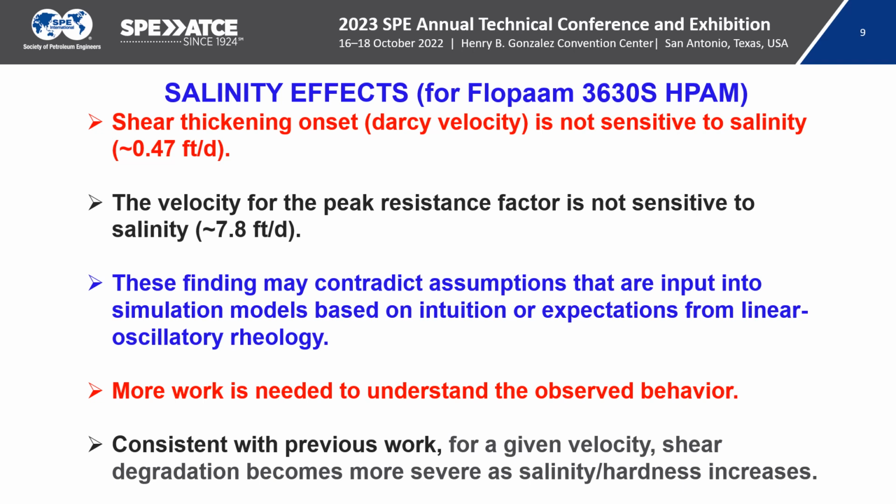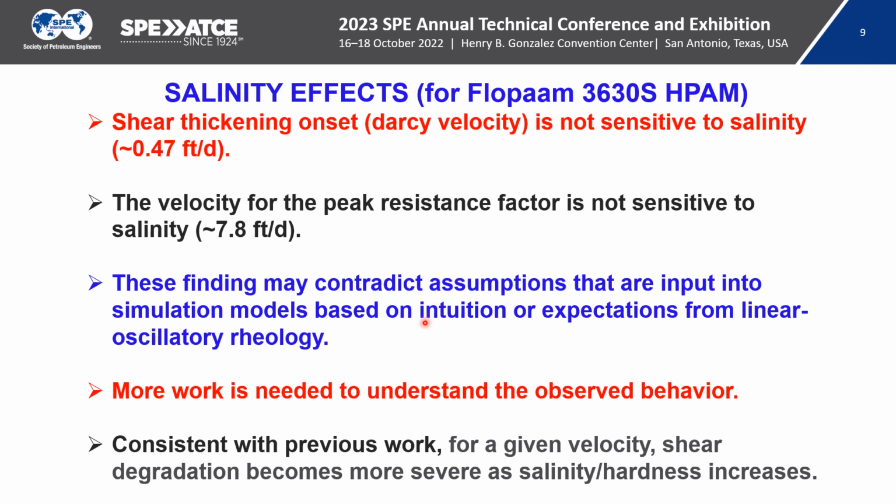So, to summarize what I've just showed you, the Darcy velocity associated with the onset of shear thickening was not particularly sensitive to salinity, and the velocity associated with the peak resistance factor in the shear thickening region was not very sensitive to salinity. Now, these findings may contradict some of the assumptions that have been input into previous simulation models for polymer flooding and chemical flooding.